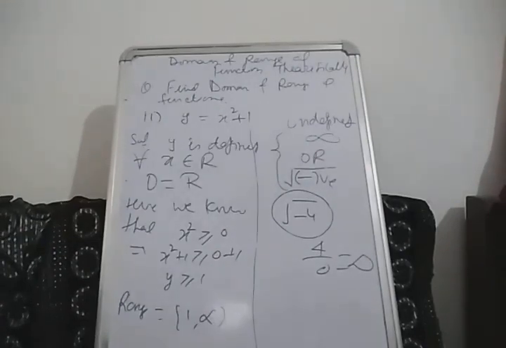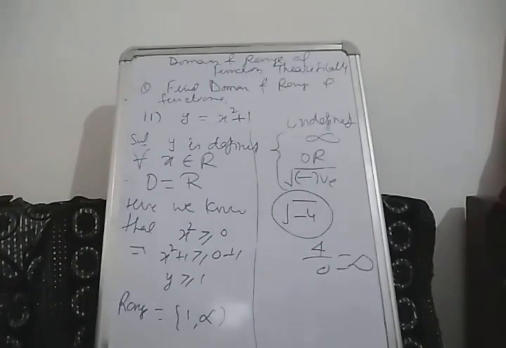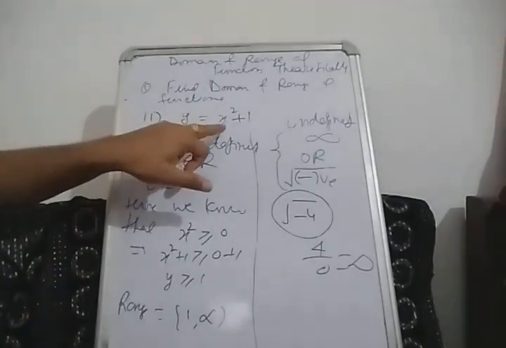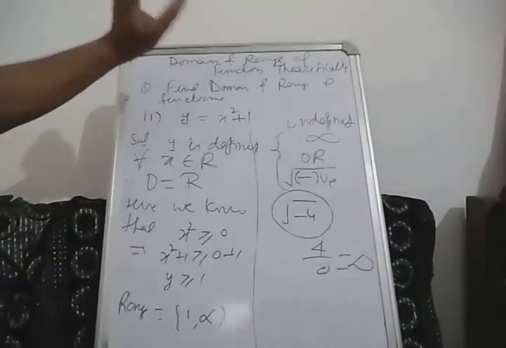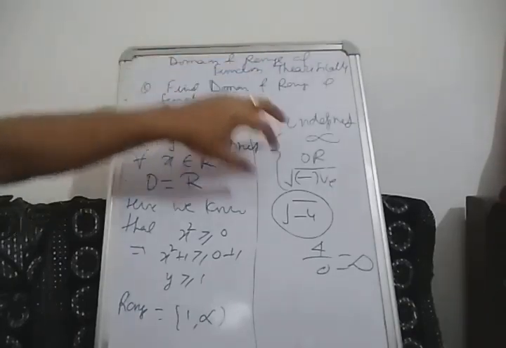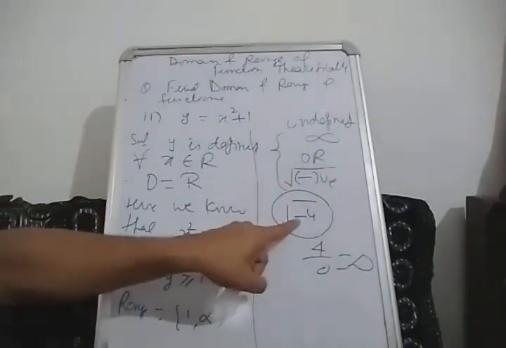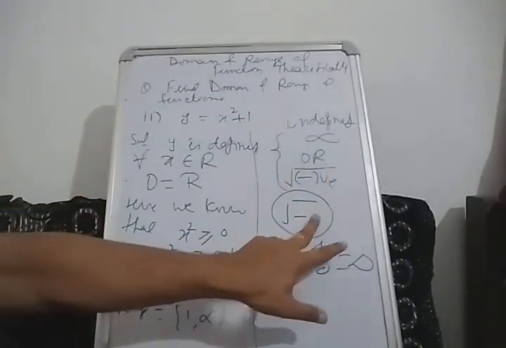Next question: y is equal to x squared plus 1. Without drawing a graph, find the domain and range. Again clearly, you can put any value of x, plus, minus, fraction, whatever. y is not taking the infinity form, and y is not taking the form of square root of any negative number, right?